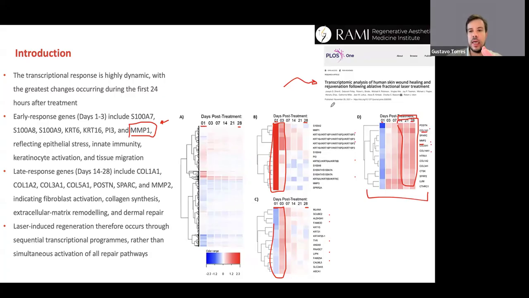All of that indicates that fibroblasts have been activated, that proteins have been produced, and overall tissue is being produced, or tissue is being recovered as a matter of fact.